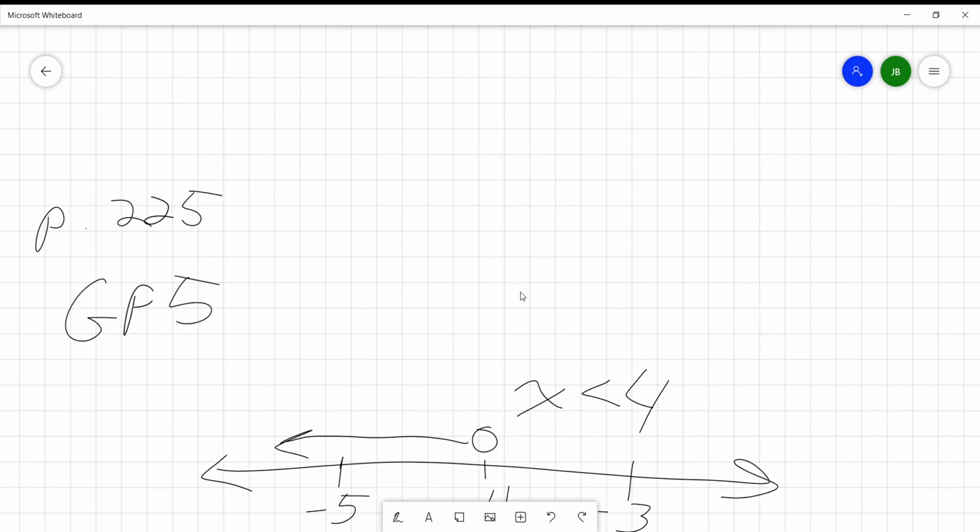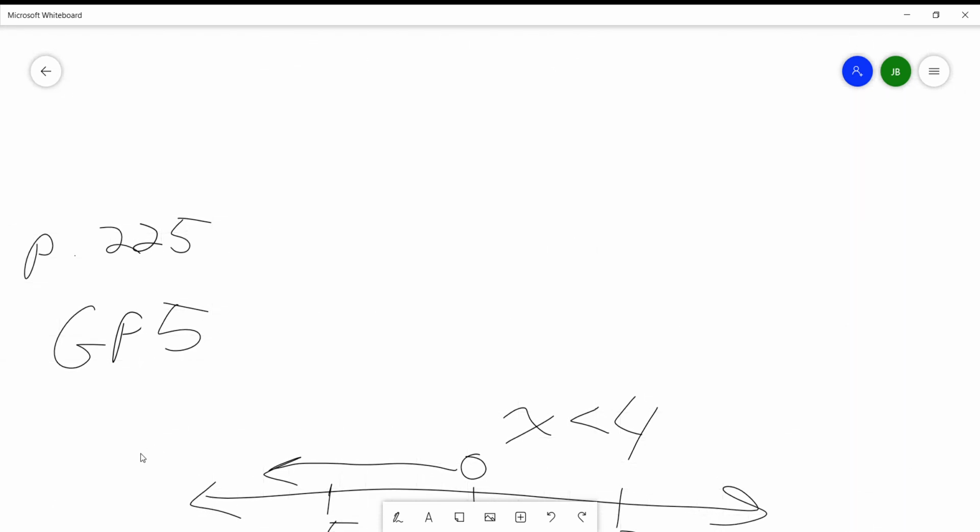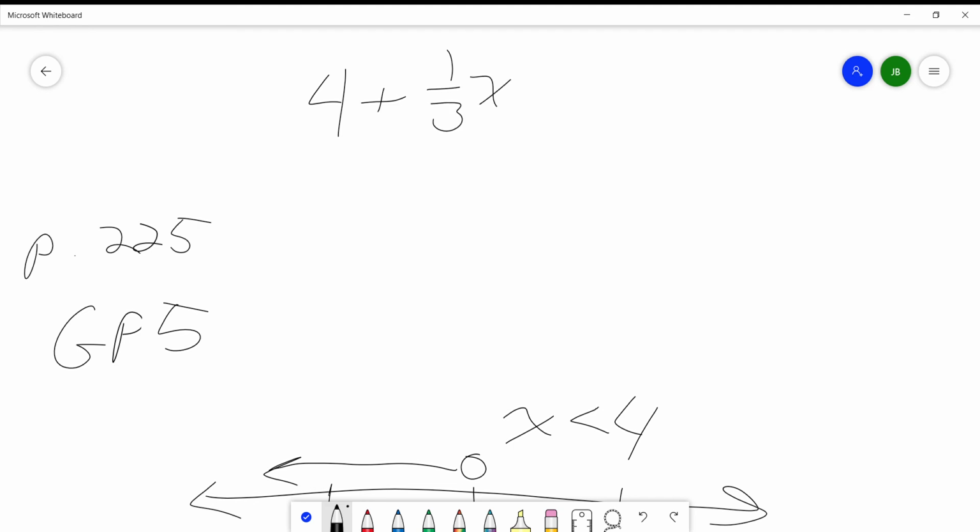What they gave us was, to start, we have 4 plus 1/3 times x, or 1/3 of an x, is greater than 8 plus 4/3 x.